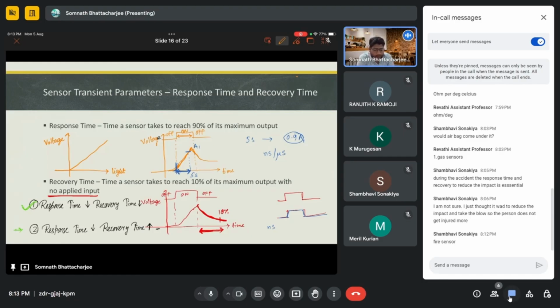You don't have any issues with the recovery time being higher or lower. It's not like that. You need the recovery time to be moderate.